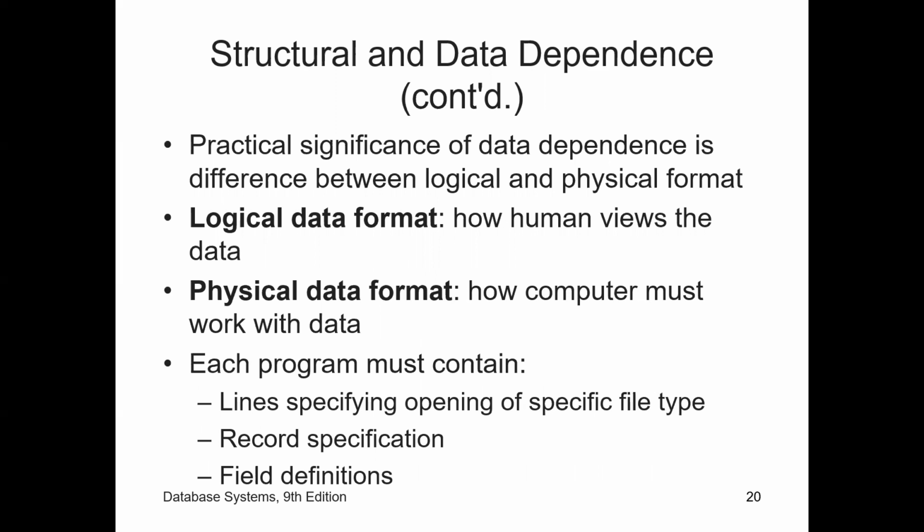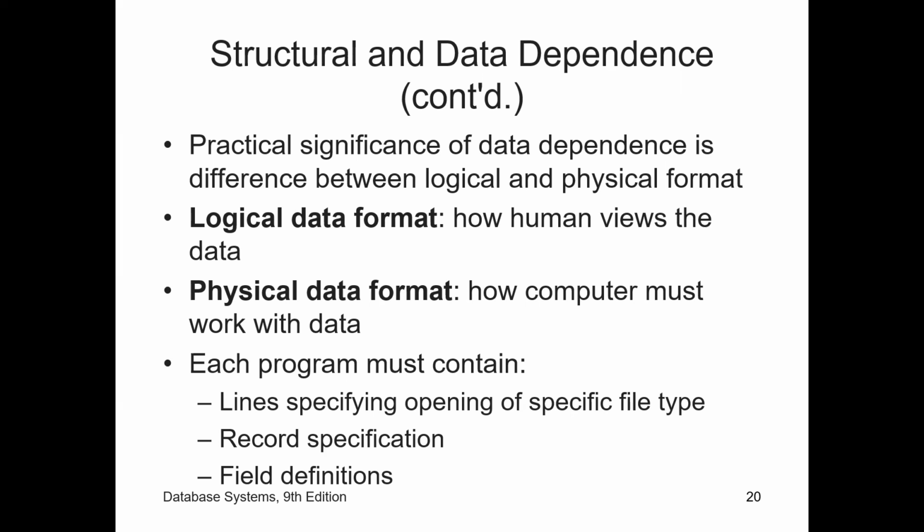Structural and data dependence, continued. The practical significance of data dependence is the difference between the logical data format, that is, how human beings view the data, and the physical data format, that is, how the computer must work with the data. Any program that accesses a file system's file must tell the computer not only what to do, but also how to do it.